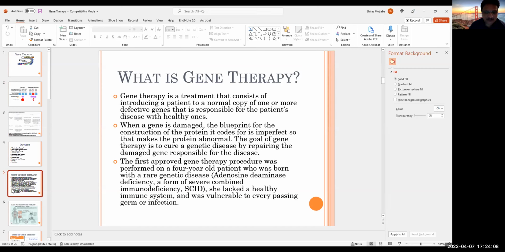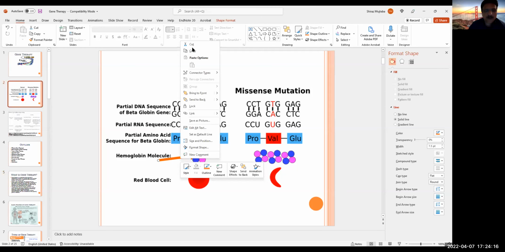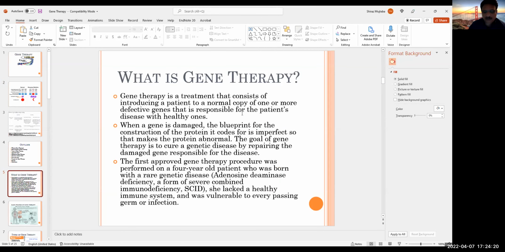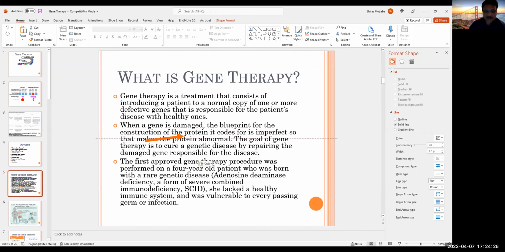So here comes the central dogma of biology: if the DNA is wrong, then the RNA will be wrong. And if RNA is wrong, then the protein will be wrong. And if one of the proteins is a very essential biomolecule and it is wrong, then the outcome of cellular functions will be wrong.